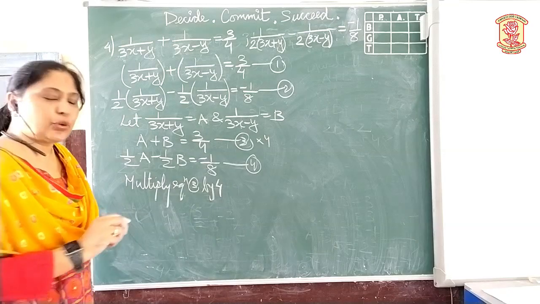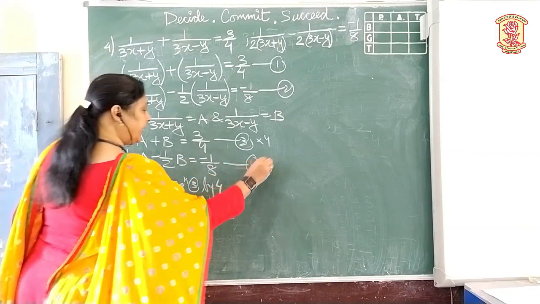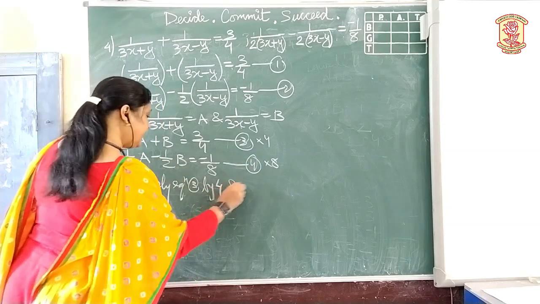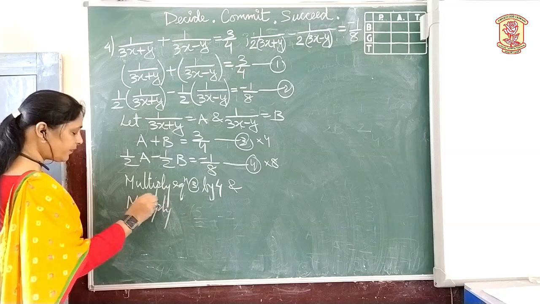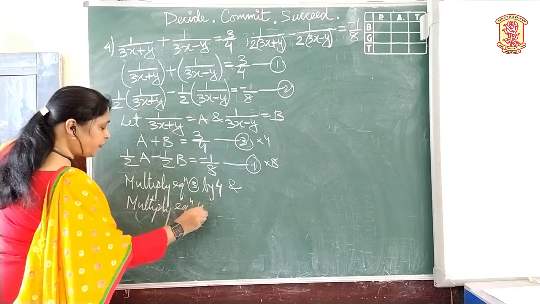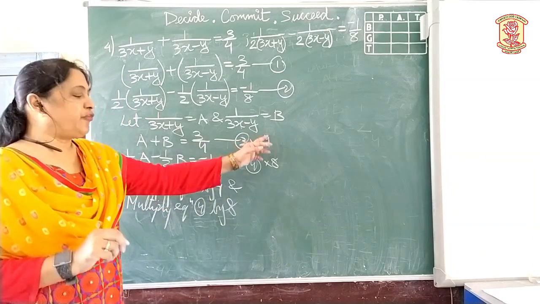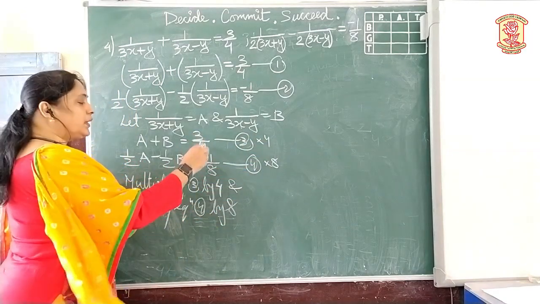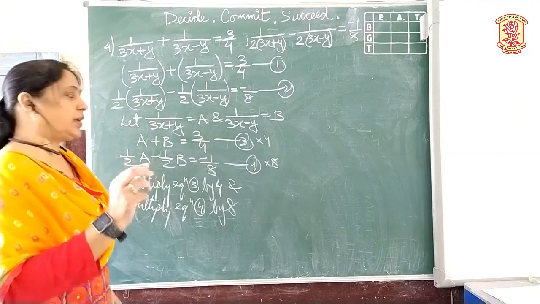So the LCM is going to be 8. So multiply the fourth one by 8. Why are we multiplying by 4 and 8? So that we can convert the fraction into a whole number and make the equation simpler.